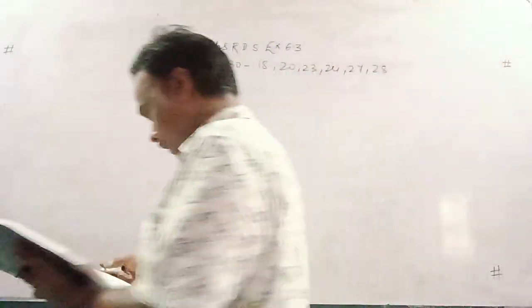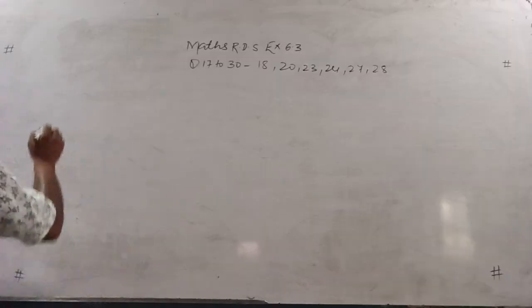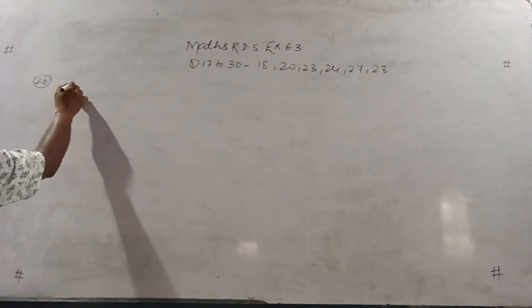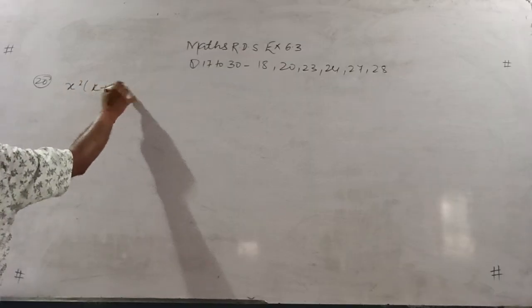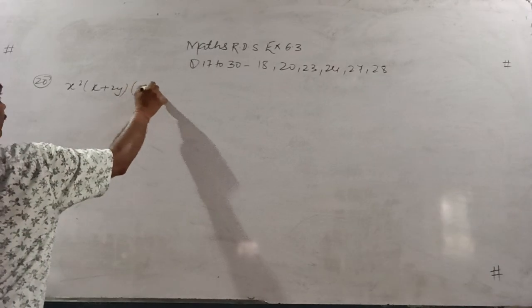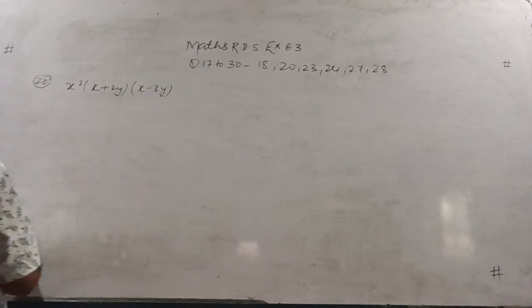See question number 20. x square into x plus 2y, x square into x plus 2y into x minus 3y.